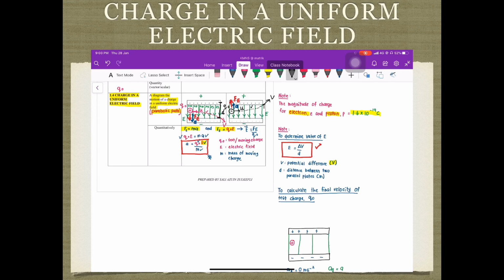Same with this diagram, this is d. The distance must be in meters. Therefore, from here we can state the unit for electric field strength: volt per meter, or normally we can use newton per coulomb.